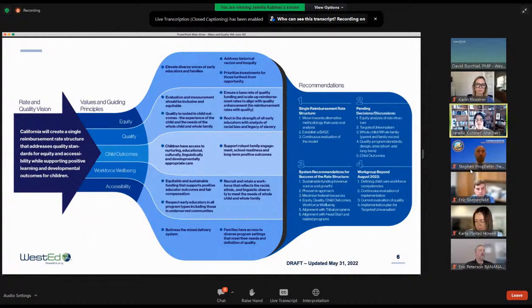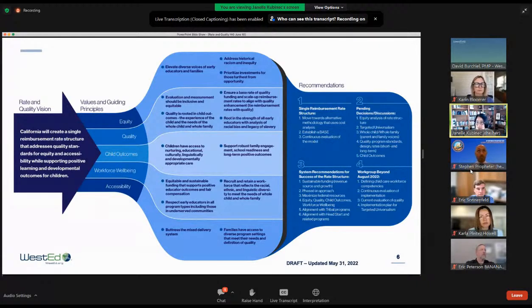We have talked over the last several months about several key principles, so equity, quality, child outcomes, workforce well-being, and accessibility. You can see where that leads is to some really key ways that we see that manifesting in what we want from a structure, and then very concretely what that could look like with regard to recommendations.